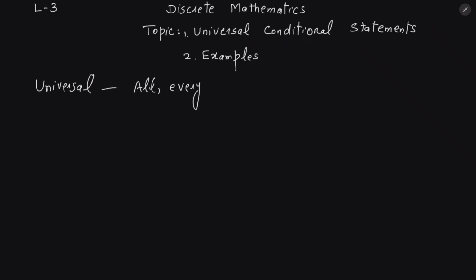We also saw that conditional has a keyword if-then. So it means that if we have something universal and then the condition holds, that condition will hold for every element in the set.